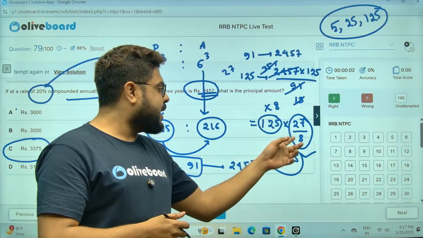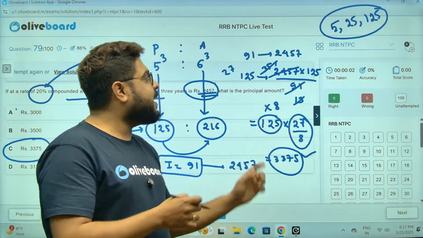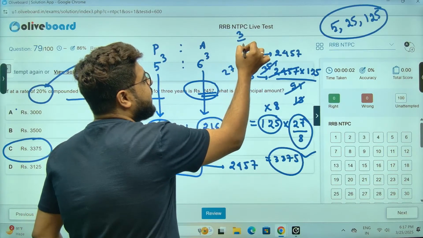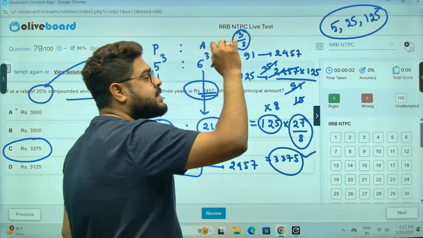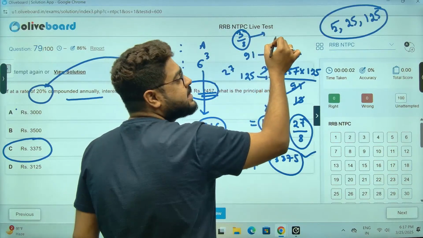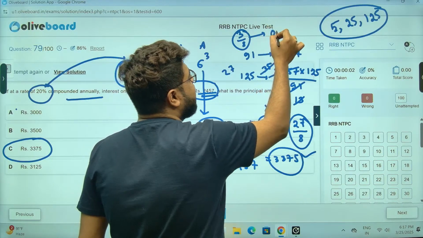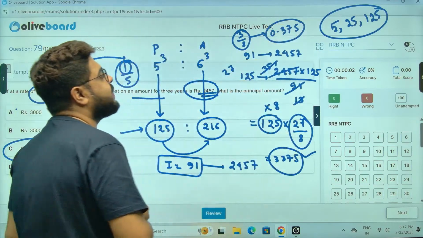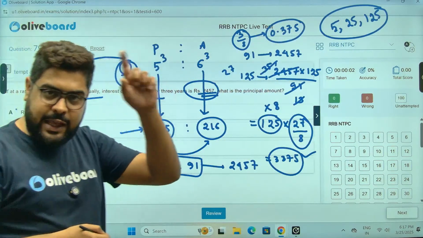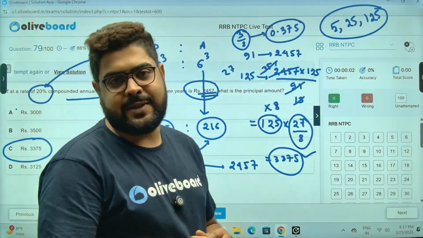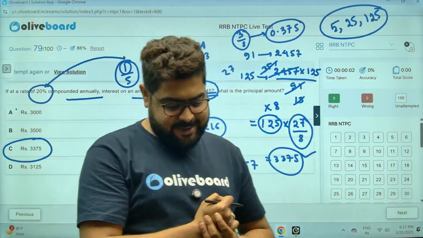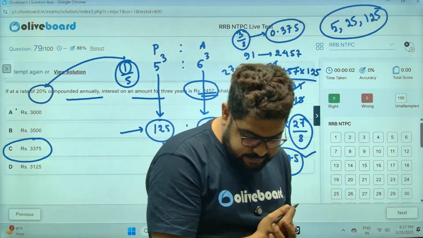So I've just calculated, you see 1 by 8: I know 1 by 8 is equal to 12.5%. 3 by 8 is 37.5%. In terms of decimal, it will be 0.375. So everything has every application. All you need is to use your brain to figure that out.